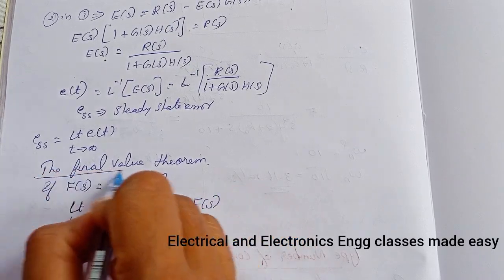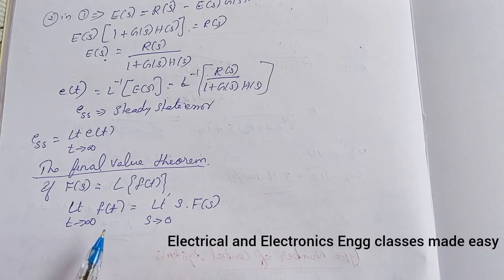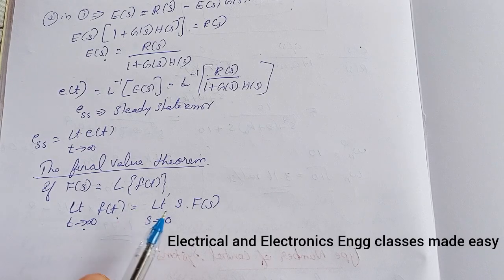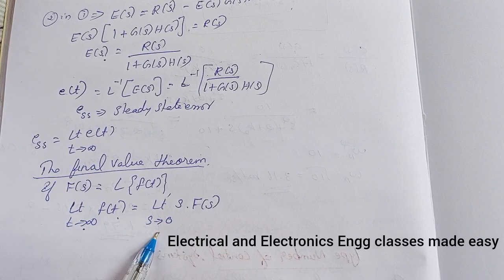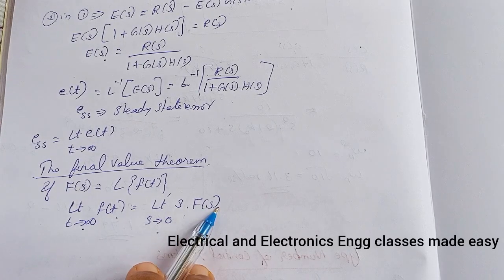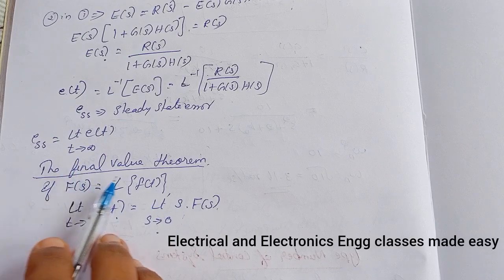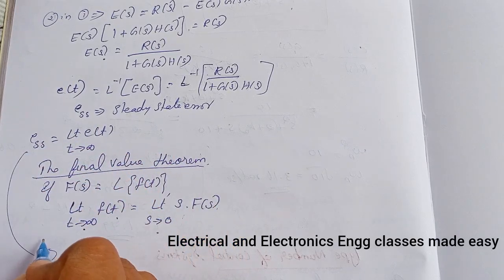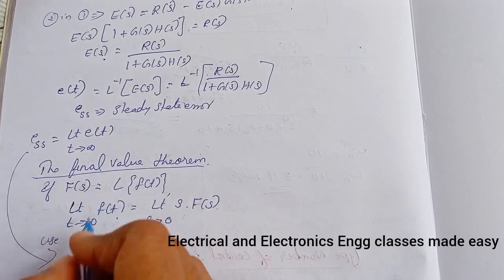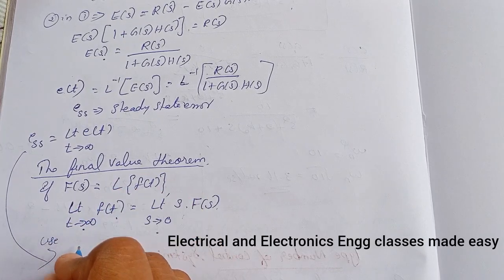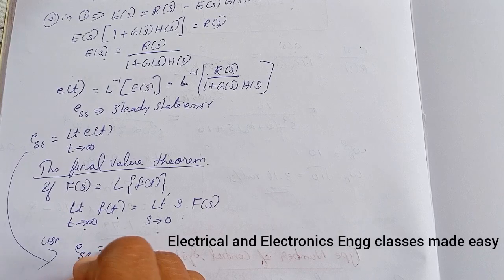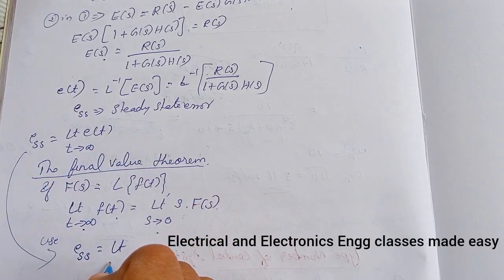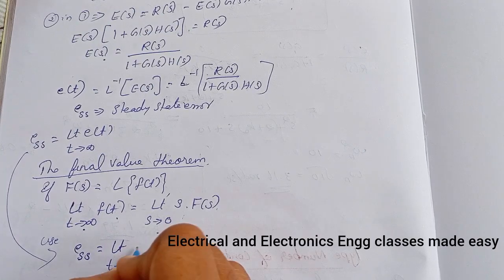So this is the final value theorem. Using this final value theorem, we can write the steady state error e_ss as the limit as t tends to infinity of e(t).